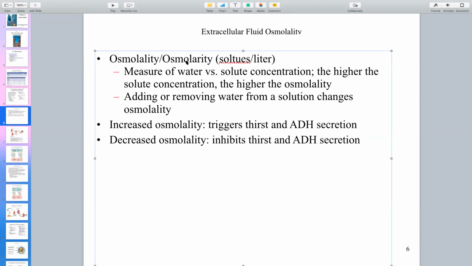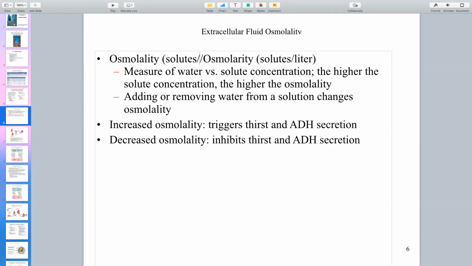you guys have seen bags of saline before. Bags of saline are 1 liter bags, right? If it's a 1 liter bag, why would you want to weigh it again? Because osmolality is solutes per kilogram.